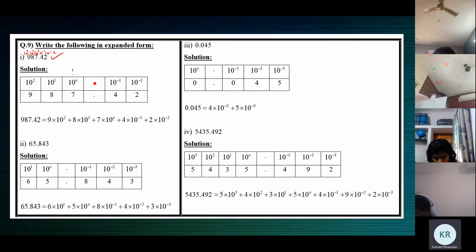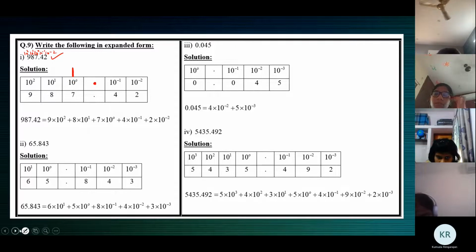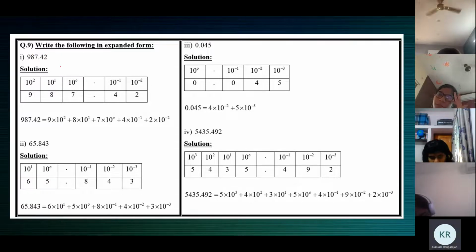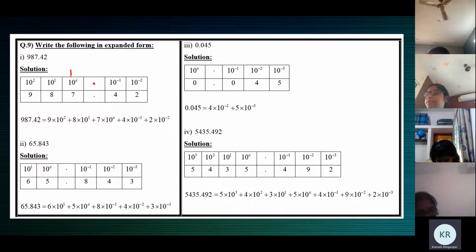See, this is nothing but the units place. 10 to the power 0 is 1. See here, this is the decimal point. The units place, 10 to the power 0, 1. This is the tens place. 10 to the power 1 is 10. Tens, T-E-N-S, tens. 10 square, 100.